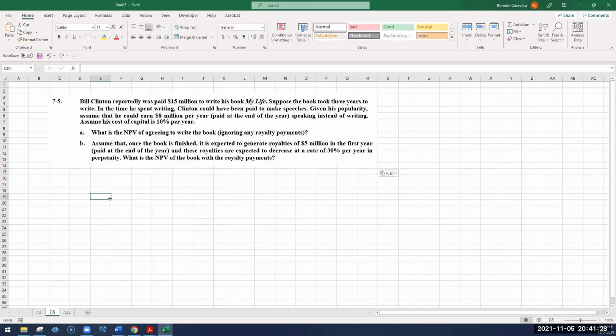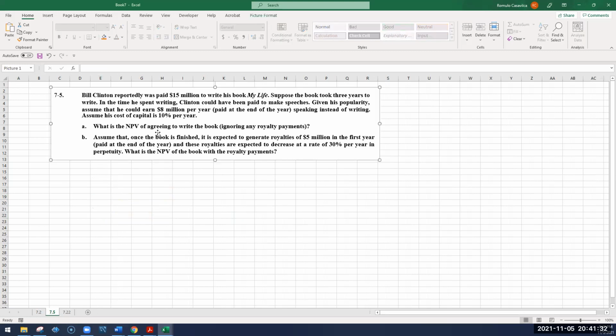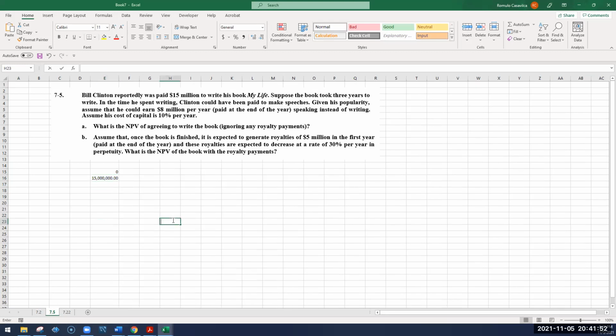This one is an interesting one. So Bill, this is also NPV. It says that this Bill Clinton will be paid upfront 50 million. So I have 0. I will get positive cash flow because he's going to get paid 50 million.